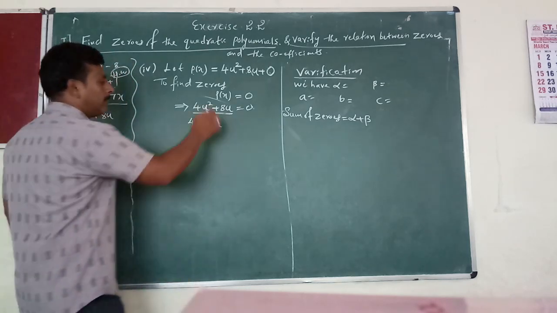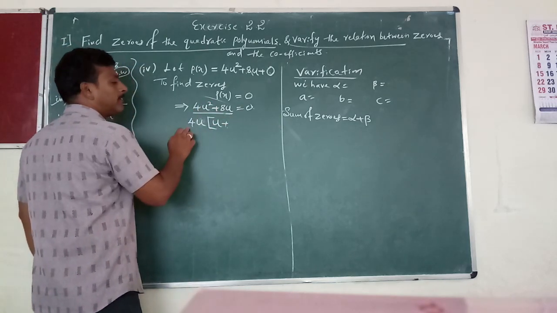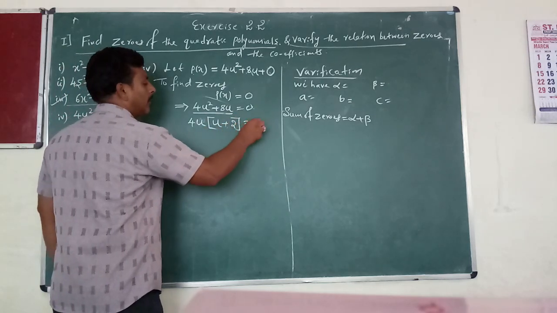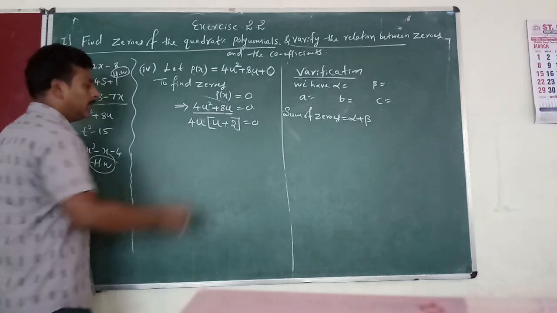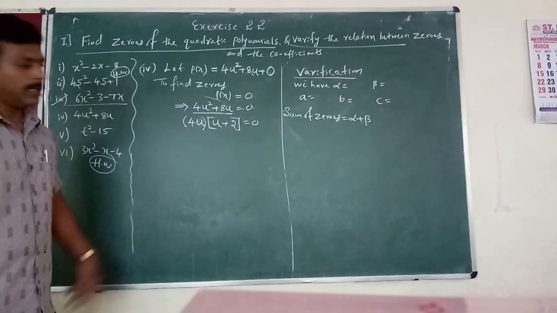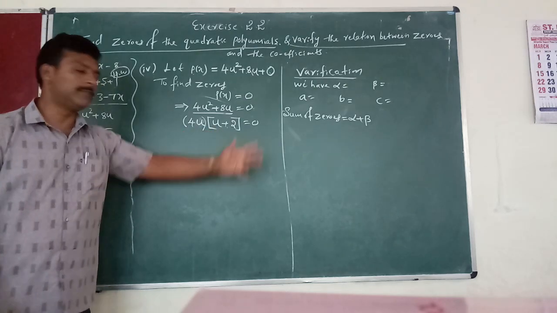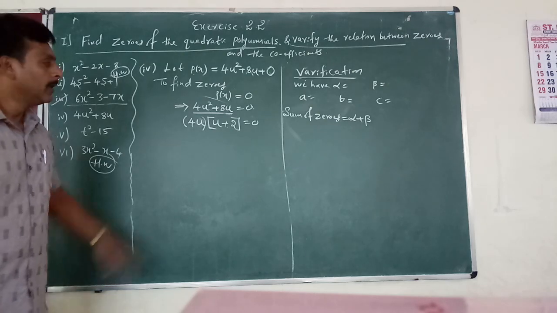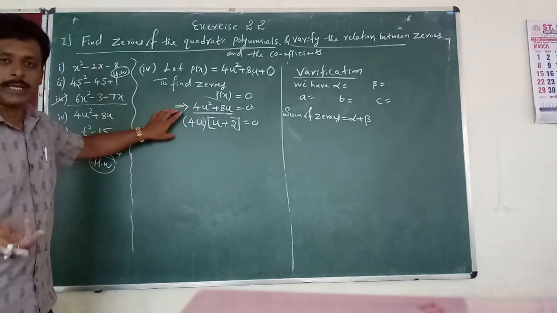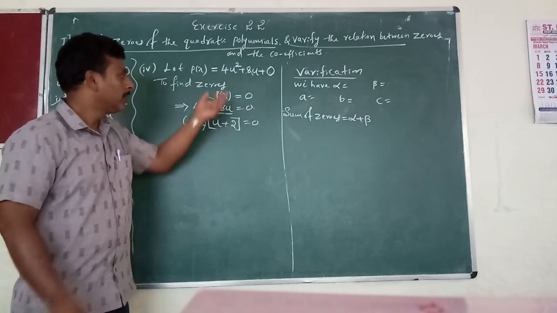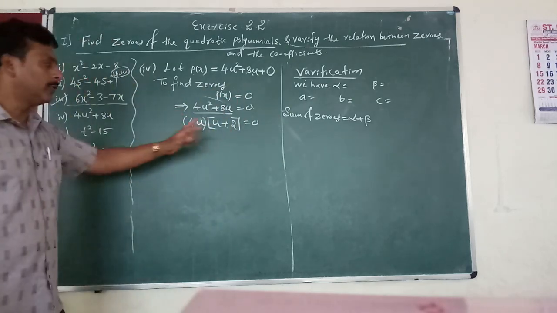Next plus, 4 twos are 8. This is equal to 0. Imagine this is one bracket, this is another bracket. Whenever product of two brackets is equal to 0, what I said? Each bracket you have to make equal to 0. Here we did not do splitting because there were not 3 terms. So instead of splitting, I have taken common and we got 2 factors.